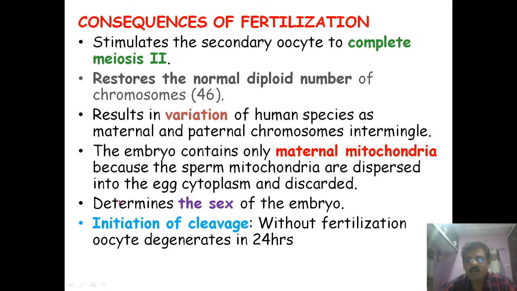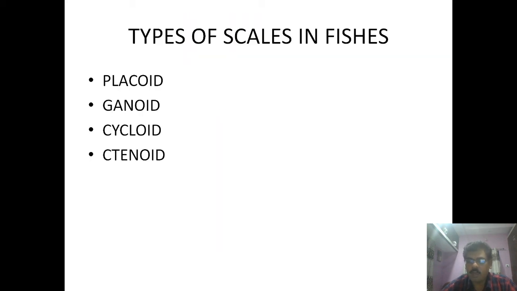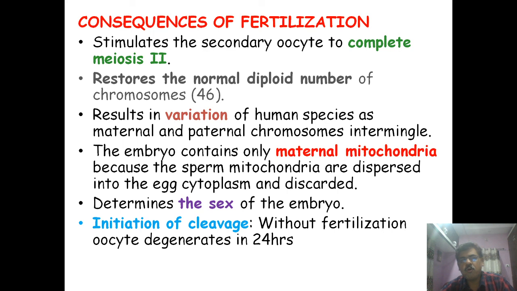It determines the sex of the embryo, and initiation of cleavage occurs just after fertilization. Without fertilization, the oocyte degenerates within 24 hours. So these are the consequences or effects of fertilization.